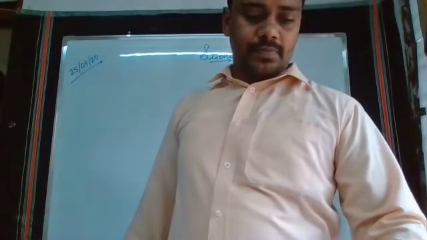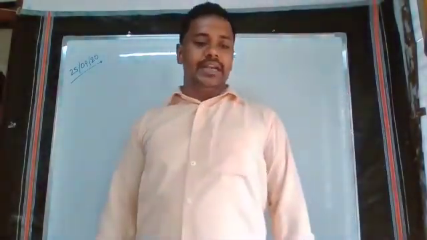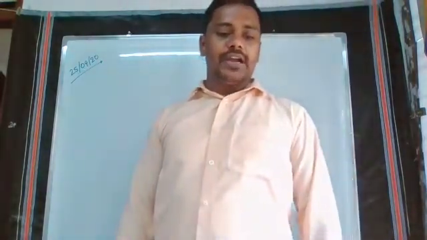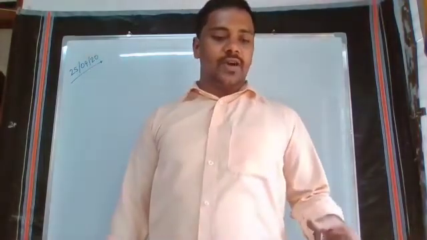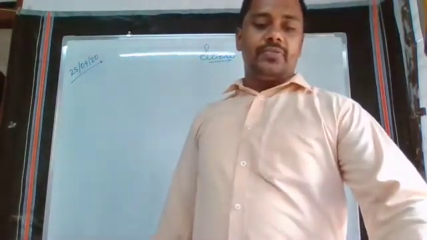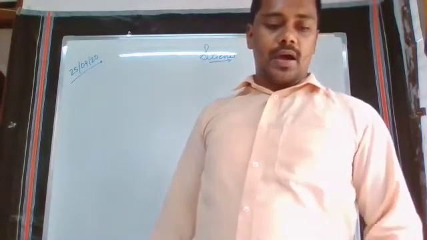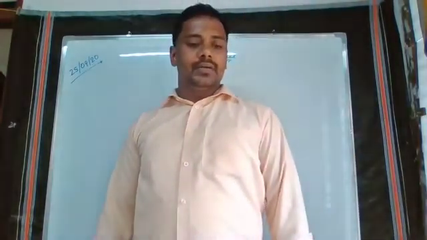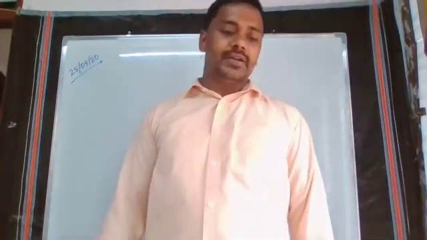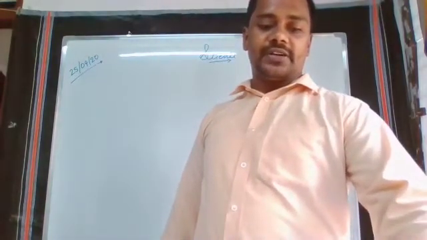So, what is the next question? An electric bulb is rated 220 volts and 100 watt. When it is operated on 110 volt, the power consumed will be? Option A 100 watt, B 75 watt, C 50 watt and D 25 watt.